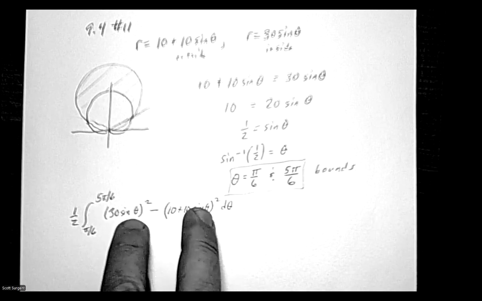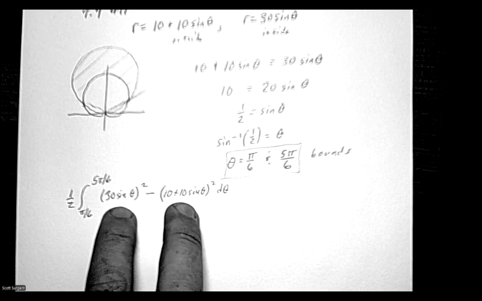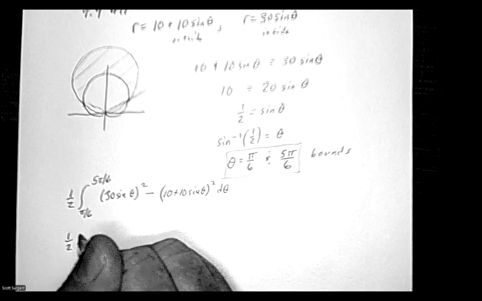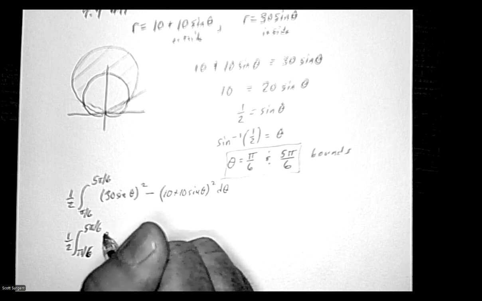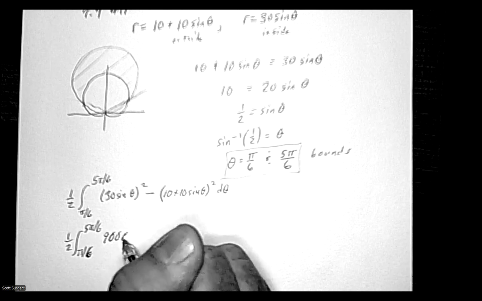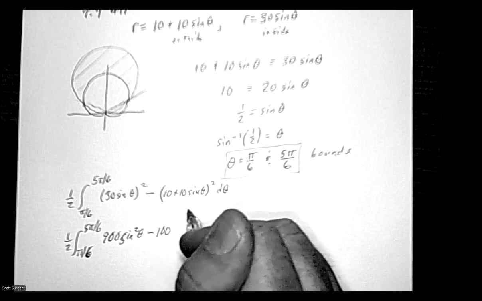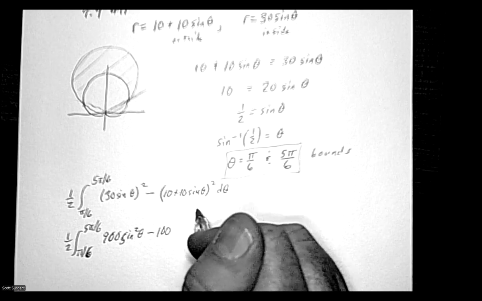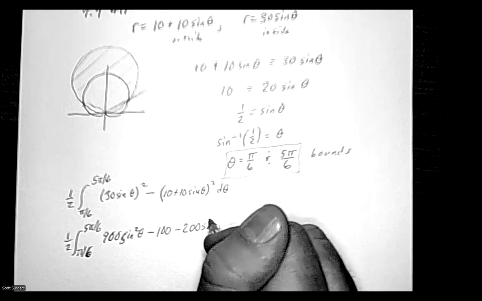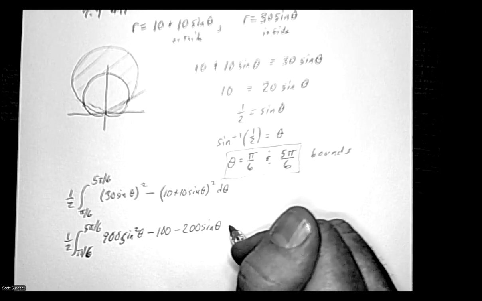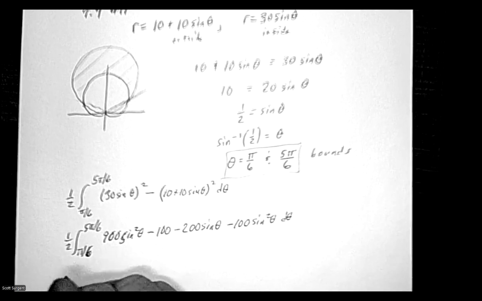As far as working this out, it doesn't look too bad. I can get a couple of steps. I'm kind of already rolling on this one. This would be 900 sine squared theta. And then here we're going to have negative 100, I have to remember I'm pulling the negative in there, and negative 200 sine theta, and then negative 100 sine squared theta, all d theta.